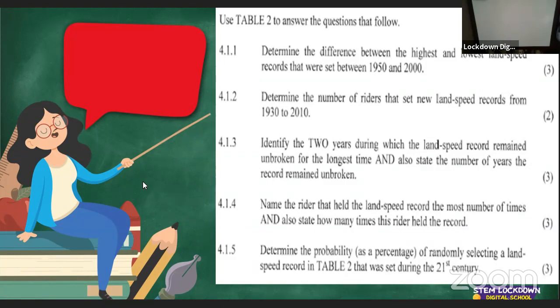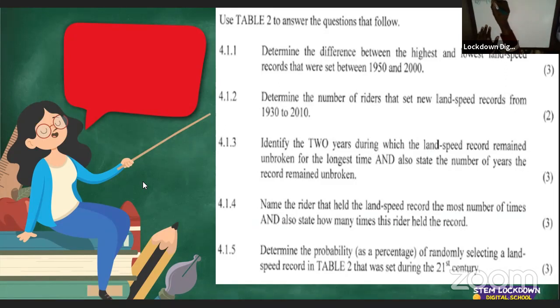So question number 4.1 is asking us to determine the difference between the highest and the lowest lane speed records that were set between 1950 and 2000.